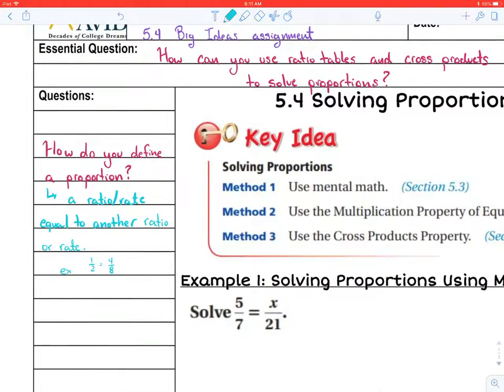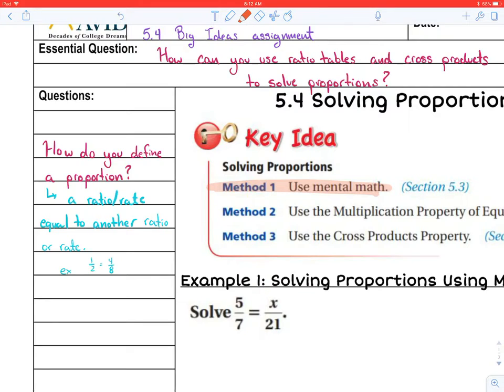Okay, so these 3 methods that we will be going over for how to solve proportions include using mental math. So just looking at the ratios and trying to determine mentally how we would get from one number to the other and what we have to do to the denominator in order to match the numerator.